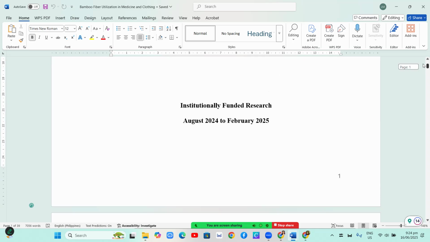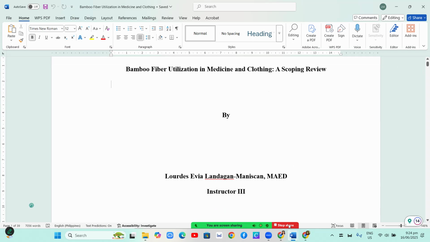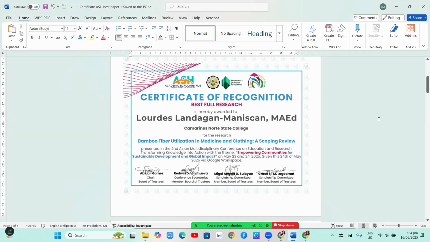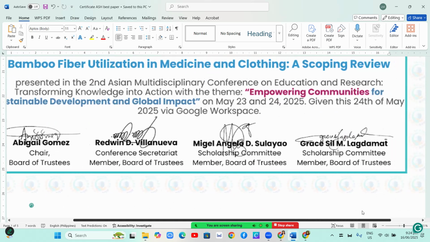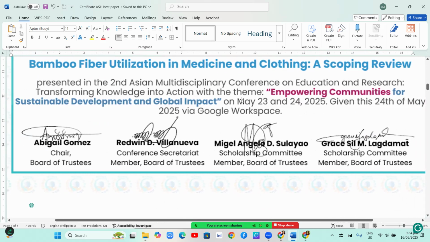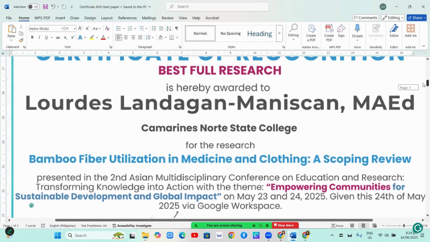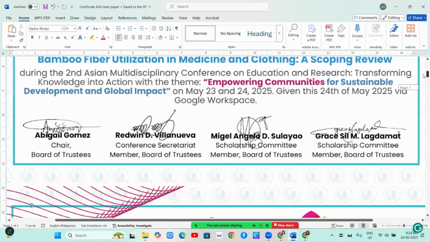This is my study which won Best Paper, Best Full Research when I presented it in the Second Asian Multidisciplinary Conference on Education and Research, Transforming Knowledge into Action, with the theme Empowering Communities for Sustainable Development and Global Impact, on May 23, 2025. Praise the Lord because I won Best Full Research.